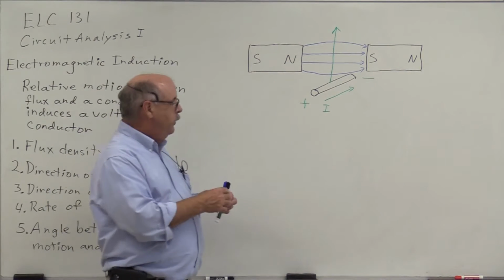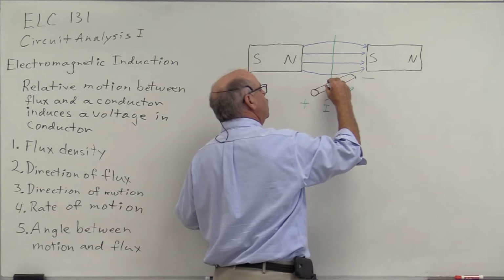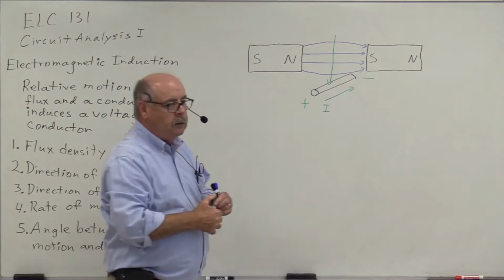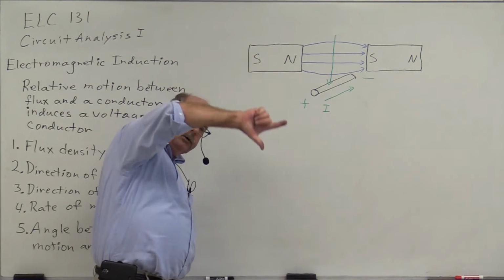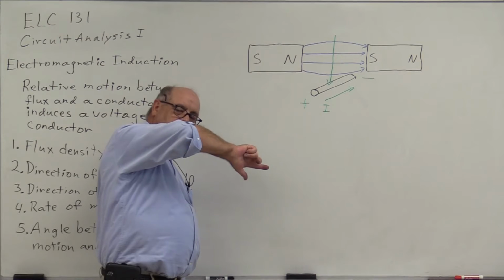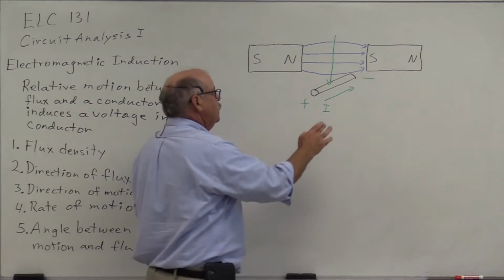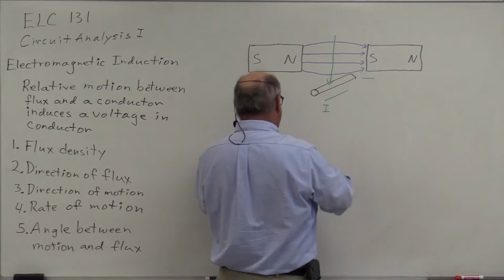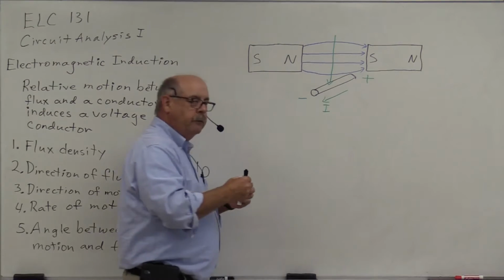Now, if I move this conductor back down through the flux, which is still going this way, motion's now going down. Current will be flowing from the board towards you. So the polarity of the voltage and the direction of current would be reversed.